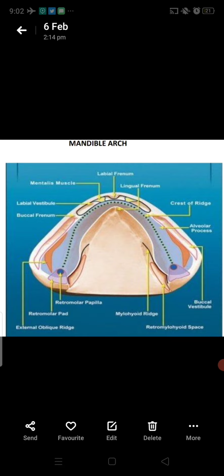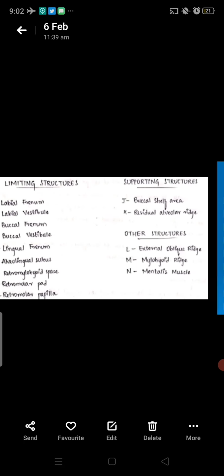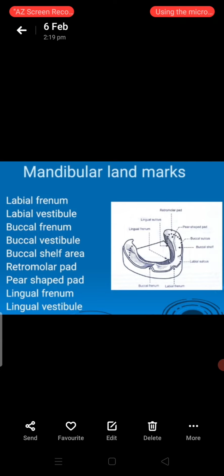These are the landmarks. Again, here are the mandibular landmarks: labial frenum, then labial vestibule, buccal frenum, buccal vestibule, buccal shelf area, retromolar pad, pear-shaped pad, lingual frenum, lingual vestibule. Now come to the details of each anatomical landmark.